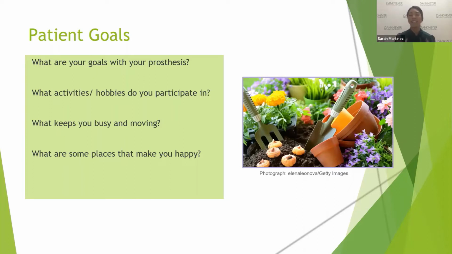And so we have these responses to a unique question, and we can further deep dive and investigate to see, all right, so if they like to garden, they like being outside, we can confirm with them that are they kneeling down? Are they stepping over dirt? So these are all clues for us as prosthetists to make sure we're gathering enough information to set up our patient for success.